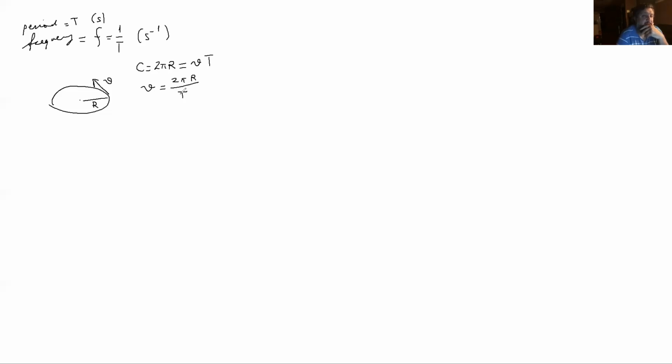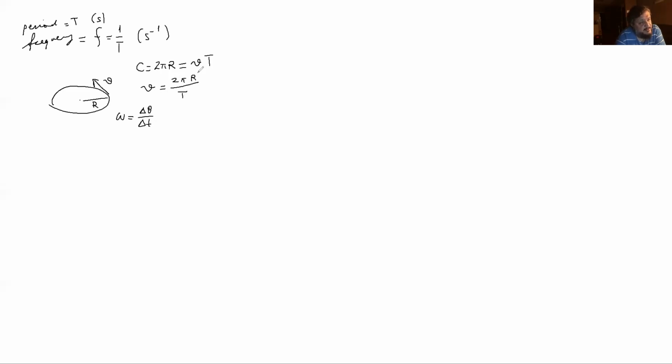Now you have here an angle over time multiplying the radius. If you remember from the previous video, we have this thing called the angular velocity, omega. The average angular velocity was delta theta by delta t.